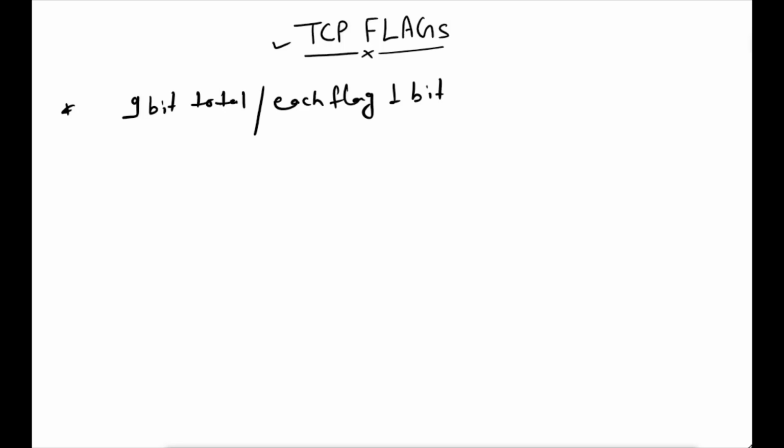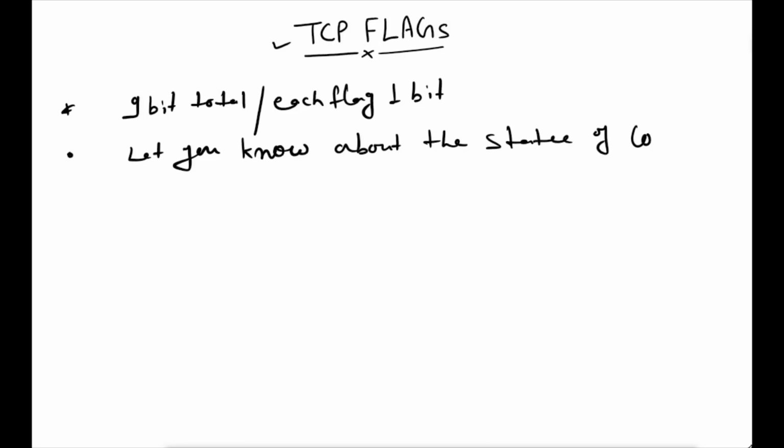If anyone asks you what the use of TCP flags is, you can simply say that the flag is used to notify about the condition of the TCP traffic, or to let you know about the state of communication.